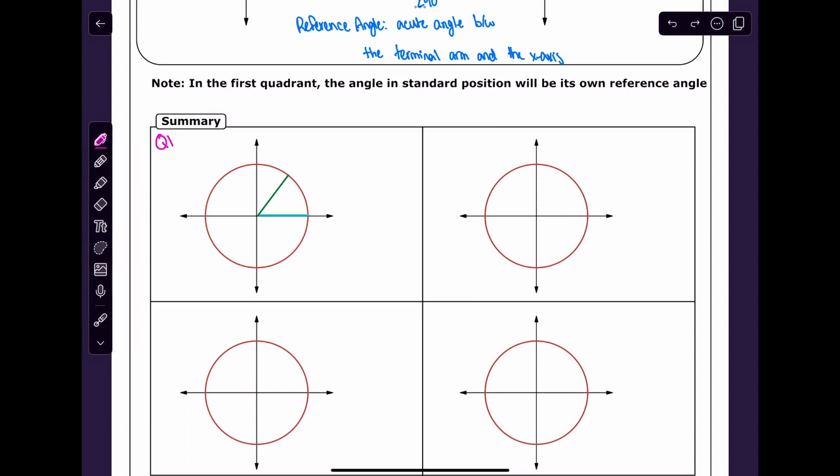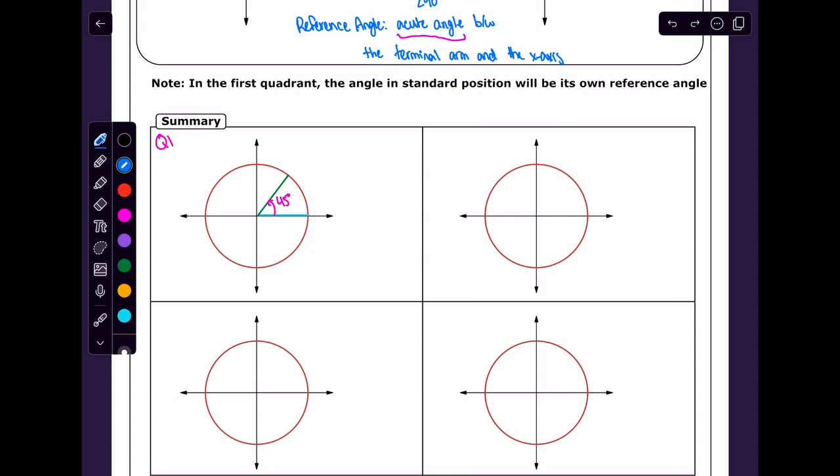And this is our angle in standard position. Now remember, the reference angle by definition is an acute angle that's less than 90 degrees, and all angles in the first quadrant will be less than 90 degrees. So our reference angle is actually the same as our angle in standard position.